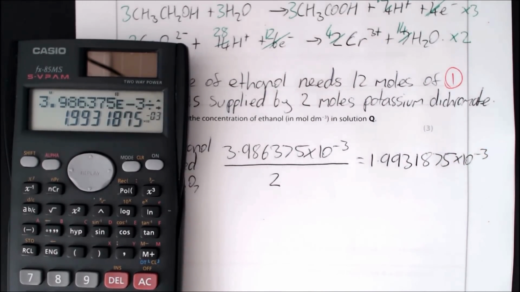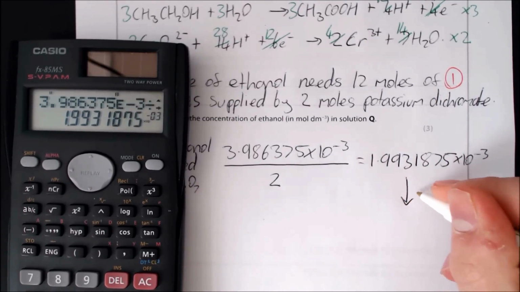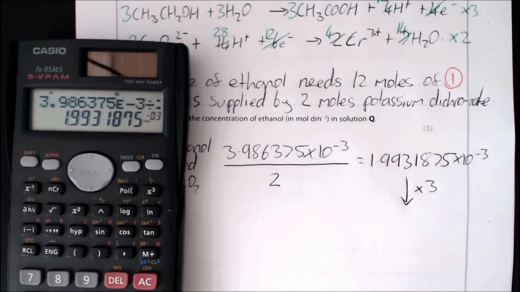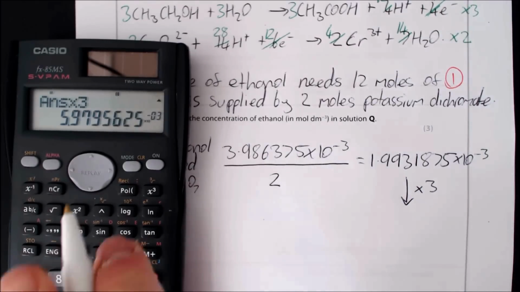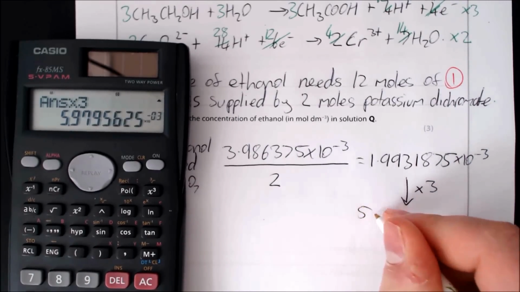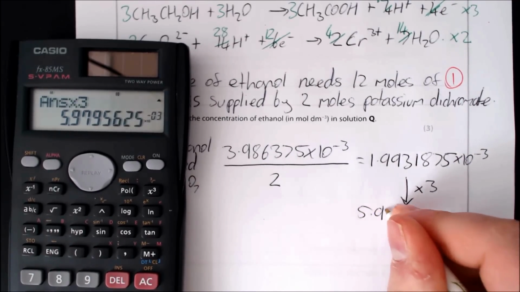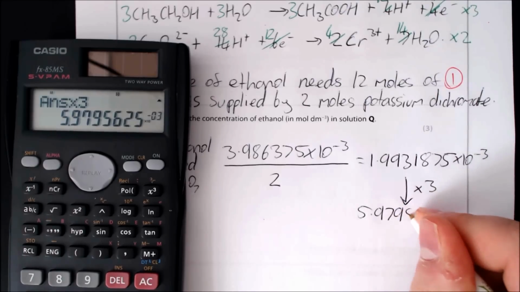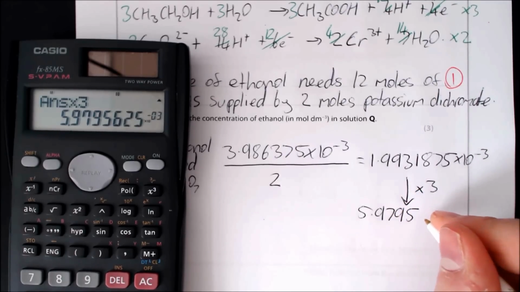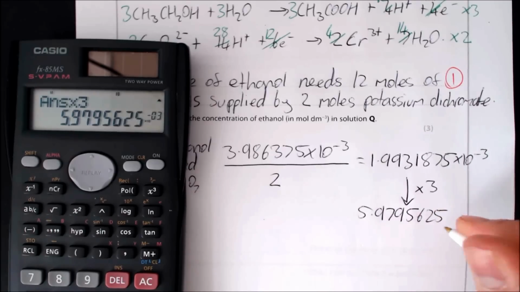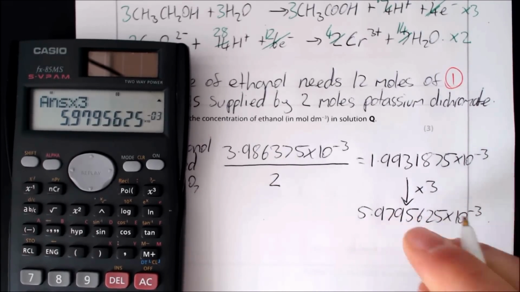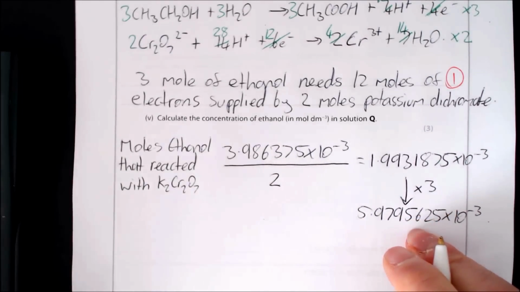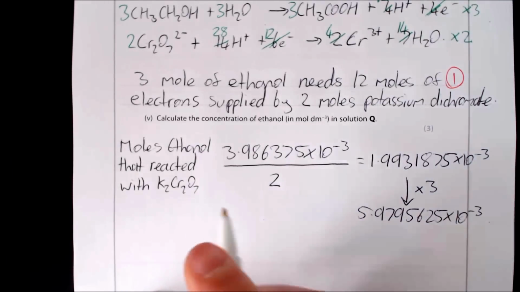Okay, and so that's the number of moles. And then we're going to multiply that by 3. So take that number times by 3. Okay, and then we're going to get that number, which is 5.9795625 times 10 to the minus 3. Okay, so this is the number of moles of ethanol that reacted with the dichromate.